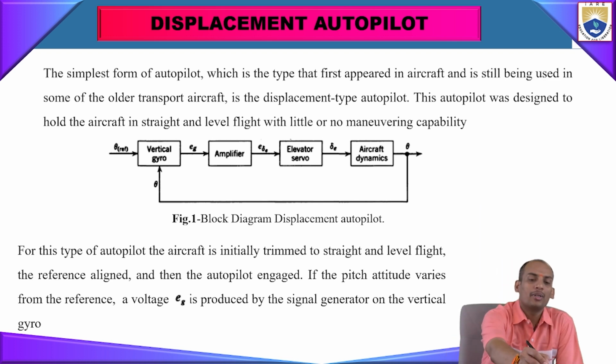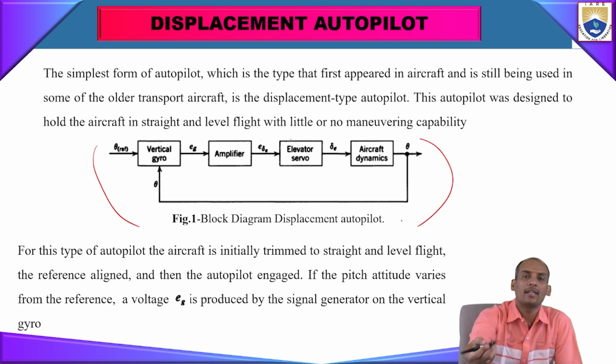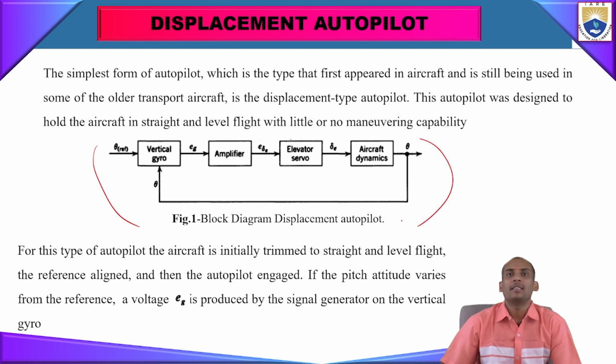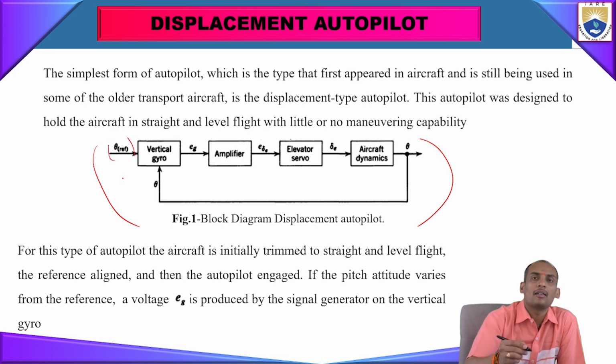Here, one simple block diagram of the autopilot system is given for an operation called elevator operation. You see the theta reference; the reference values are given to the vertical gyro system. That gyro system produces a signal voltage called E_g, which is amplified by the amplifier.